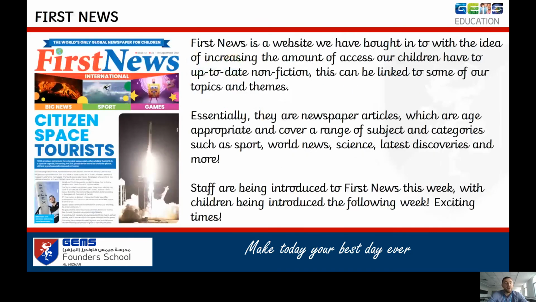First News is yet another app that we're going to be using, and is a website which allows your child to read a lot more non-fiction texts which are really up to date with news from around the world. This has a lot of HPL links which we have as a HPL school, and they're essentially newspaper articles which are age appropriate, and they cover a range of subjects and categories such as sport, world news, science, the latest discoveries, and much more.